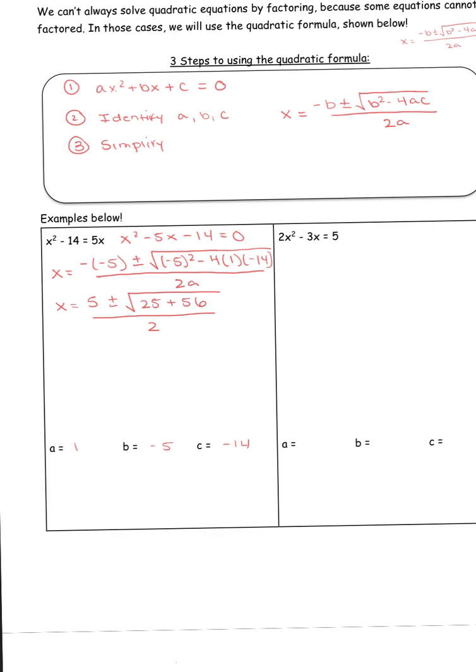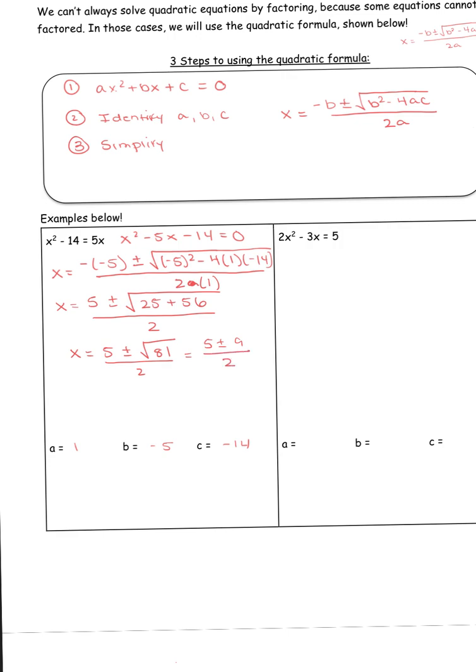I made an error here. This should actually say times 1. Okay, I did make an error there. All right, now we're going to simplify. We have x equals 5 plus or minus the square root of 81 because we're adding 25 and 56, and then still dividing it by 2. Simplifying it more, we have 5 plus or minus 9 over 2.